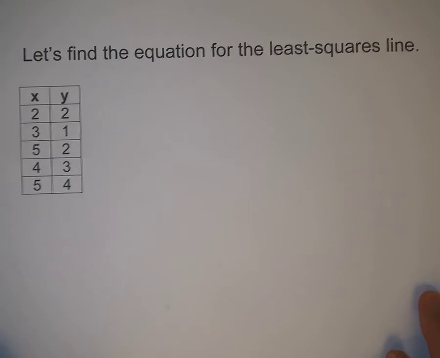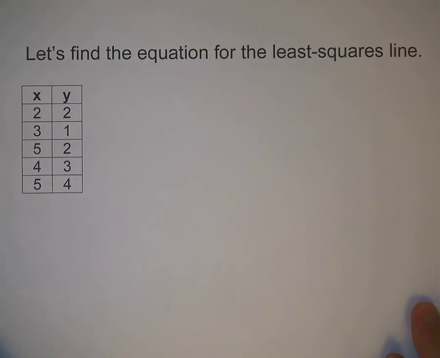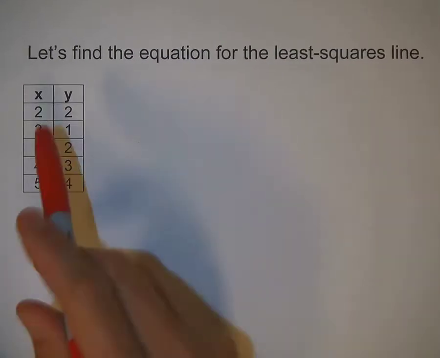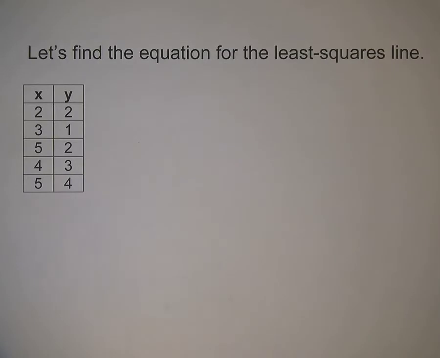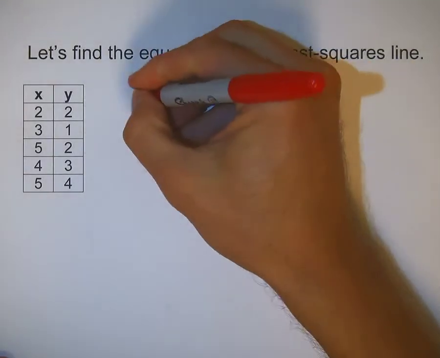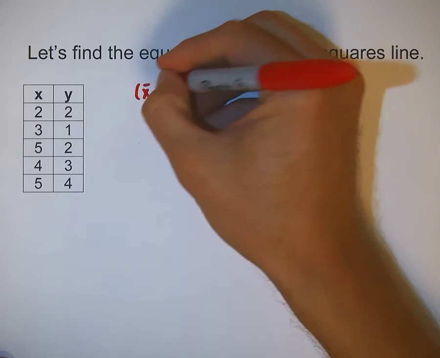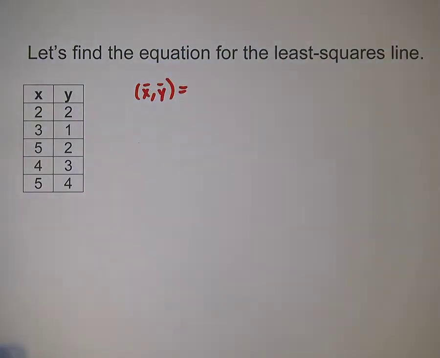So now let's find the equation for the least squares line. I've reproduced the data here. The first thing that we need is that centroid, x bar, y bar, and that comes from the average of the x list and the y list.